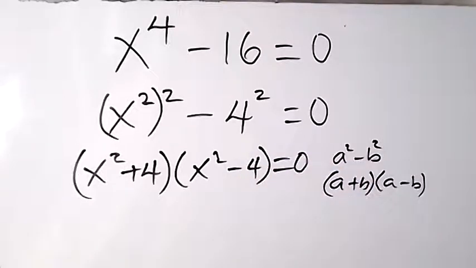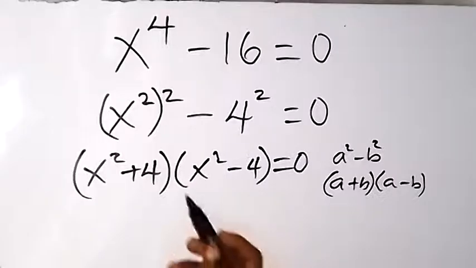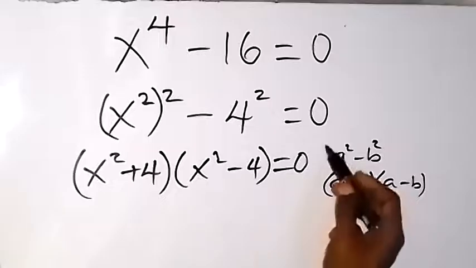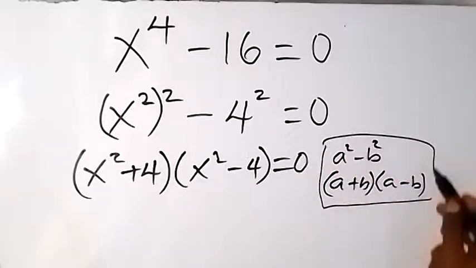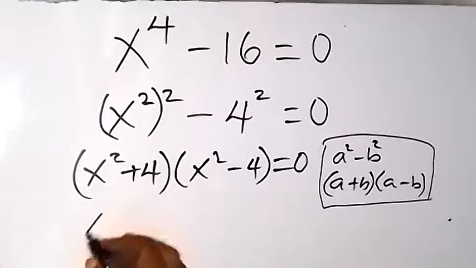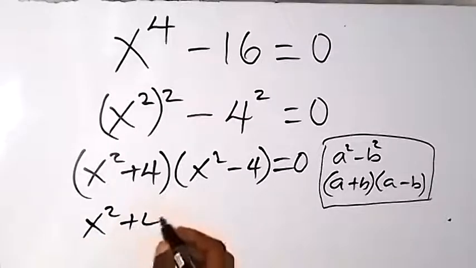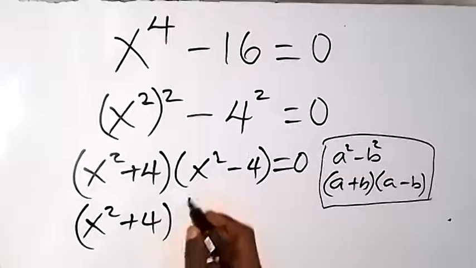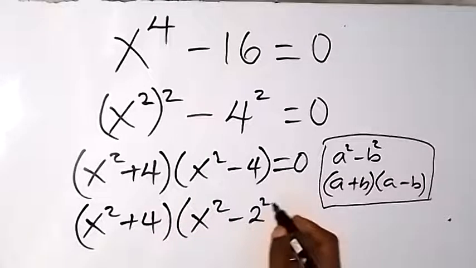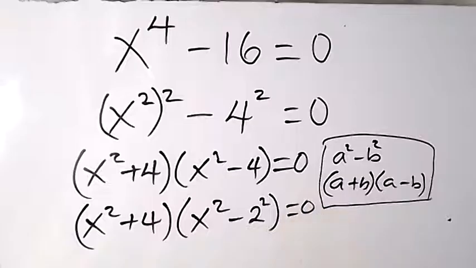From there, looking at this second bracket, we can also write that as a difference of two squares. We express this 4 as a square as well. So we have x squared plus 4 multiplied by x squared minus 2 squared, which is equal to 0.